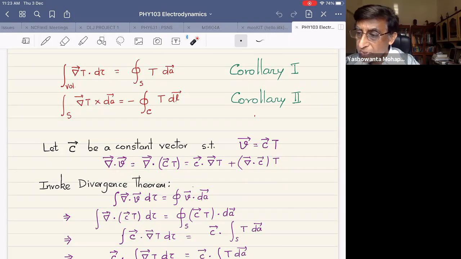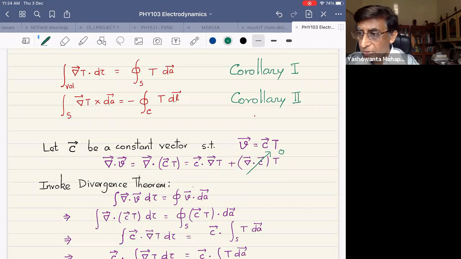So the divergence of v is c dot gradient of t plus t times divergence of c, but c is a constant vector, so the divergence of c must be 0. So the divergence of v simply is c dot grad t.